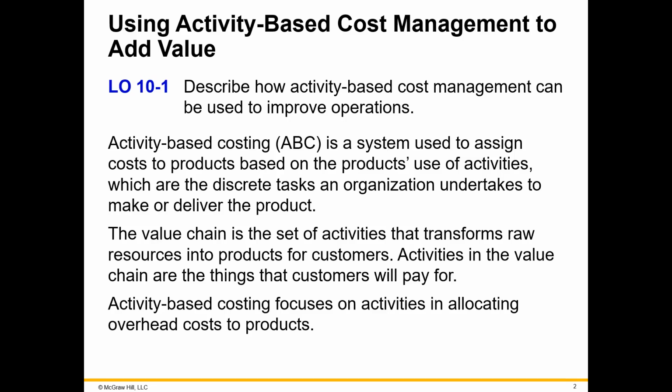In ABC, we're going to assign costs based on activities instead of assigning costs based on one overhead calculation, one allocation base. We try to break down costs into subcategories to help pinpoint and assign costs more accurately. Companies that use activity-based management can focus on managing those activities to reduce costs.